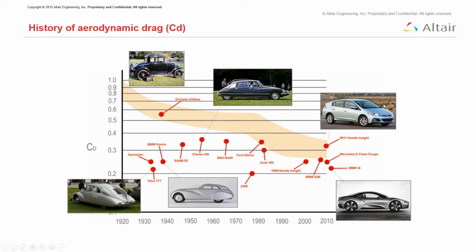We still see cars like this Honda Insight or even the i3 that are very boxy cars. They're meant for inner city travel, more practical, if you will, and not so much designed like the BMW i8 down here, which is designed with a lower CD to capture higher performance at higher speeds.